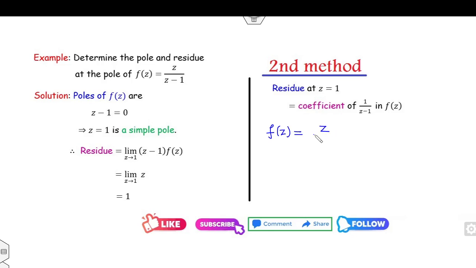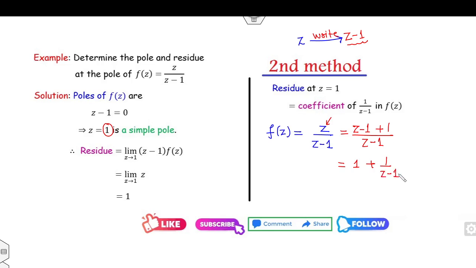So I can write the function in terms of the pole. The pole is 1, so you can always write in terms of z minus 1. The denominator is fine, but I can replace the numerator with z minus 1 and then plus 1. I can separate them: plus 1 over z minus 1.